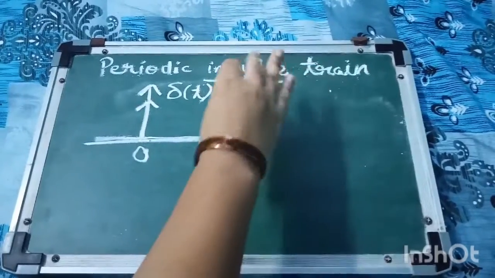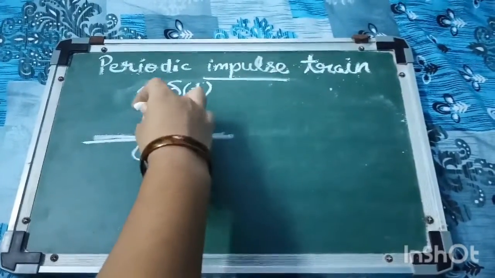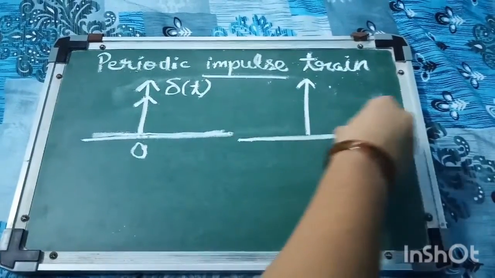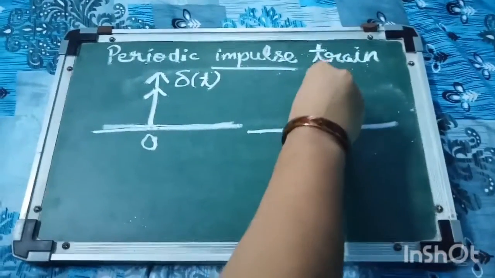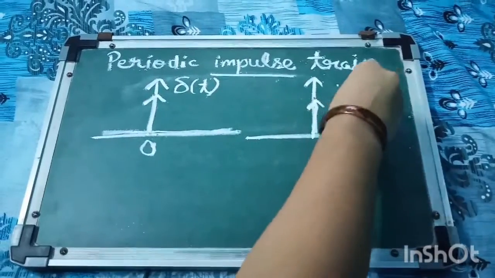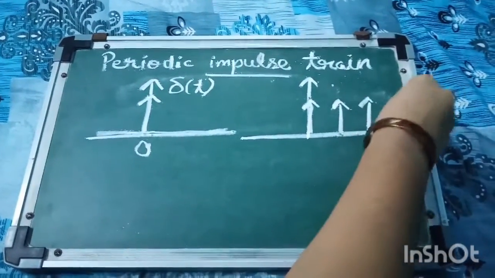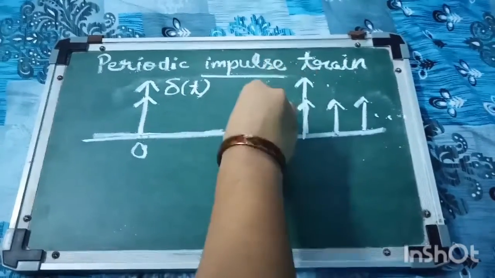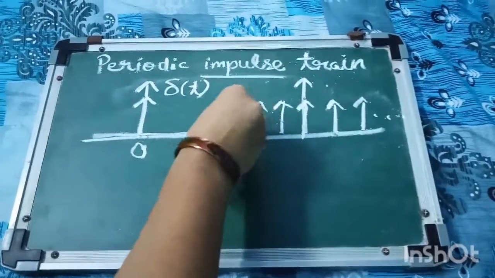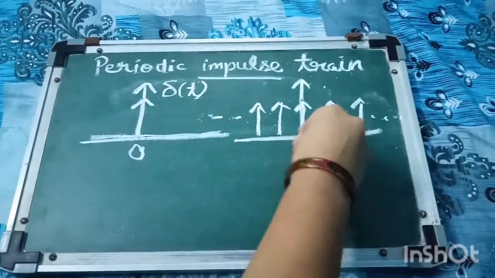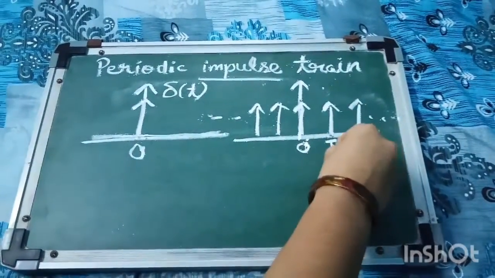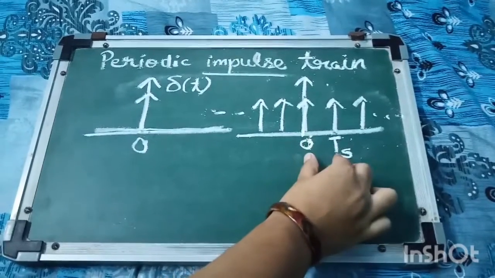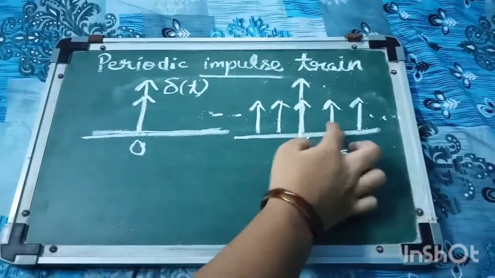An impulse train is just a group of many impulse signals. Our impulse train will look like this. It will continue, and here also it will continue. 0. If I write Ts over here, Ts is the time period of the signal.